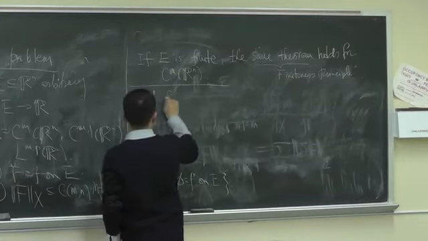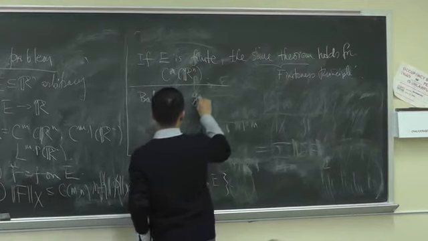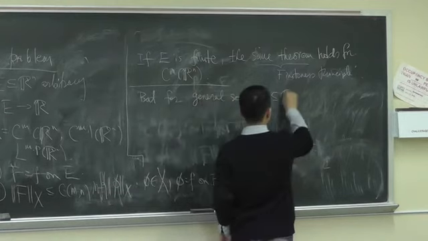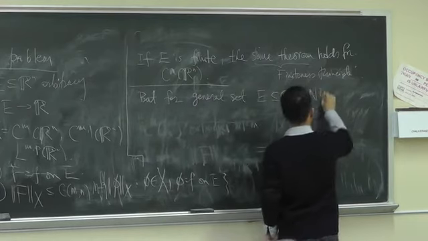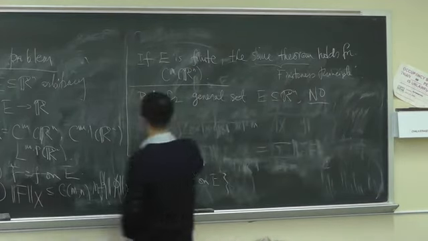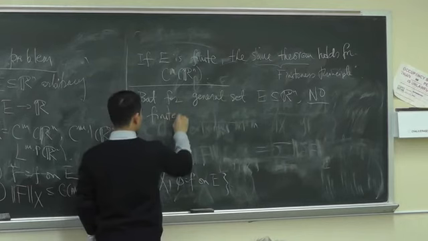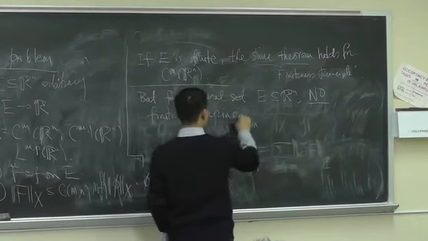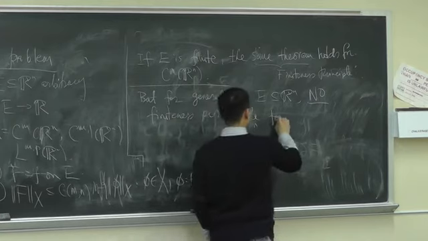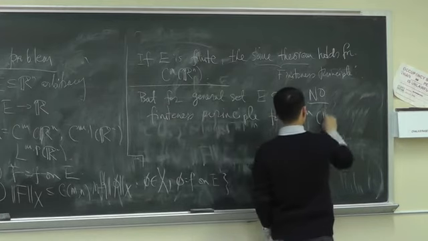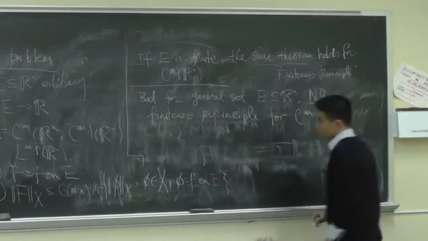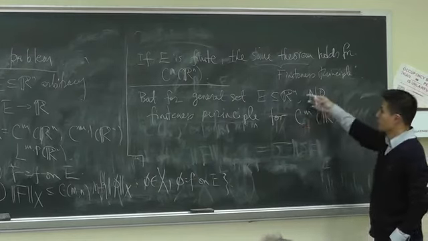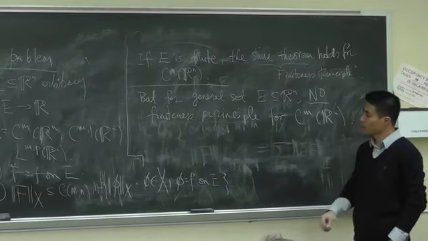For a general set, there's no finiteness principle for Cm of Rn. So it depends severely on what function space you work with, in addition to the kind of set that you work with.